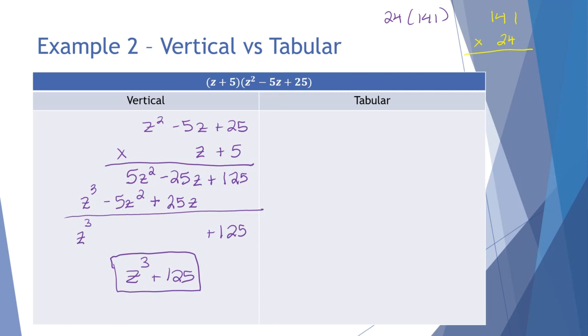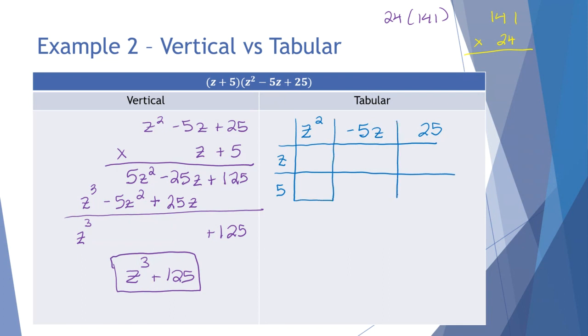On the right here, I'm going to do the same exact problem using the tabular method. Basically you set up a table. I set it up with the longest going across, so that's z squared minus 5z, and then I don't need to put my plus with the 25. It's just assumed plus. And then going down, I have z and I have 5.